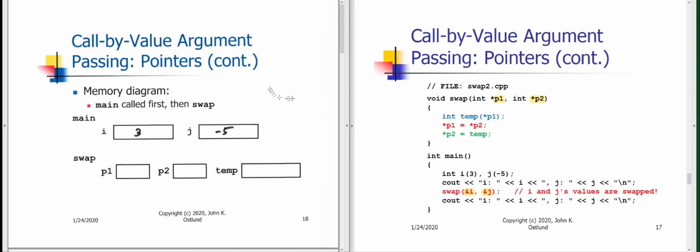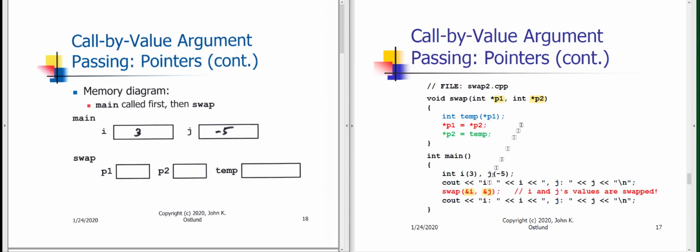All right, so initially, when we run our program, main has these two int variables, i initialized with 3, j initialized with -5. When we call swap, the address of i gets passed down and becomes the initial value of p1 in swap.